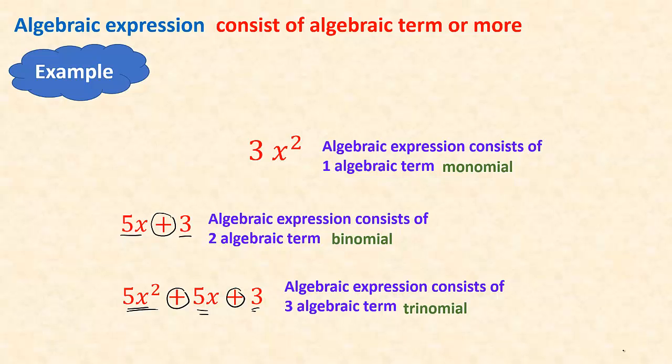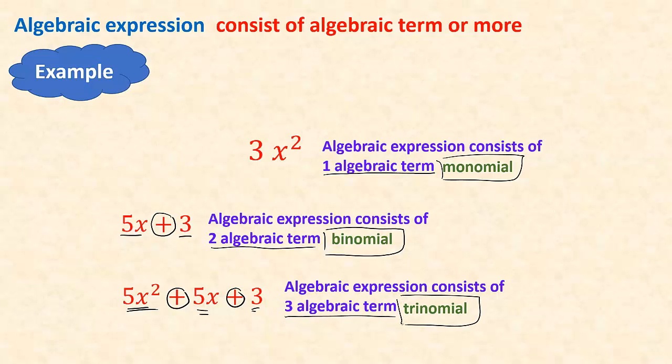Again, when I have an algebraic expression containing one algebraic term, it's a monomial. An algebraic expression containing two algebraic terms, binomial. And an algebraic expression containing three algebraic terms, it's a trinomial. And as you can see, between each algebraic term and another, there is an addition operation or a subtraction operation separating them from each other.